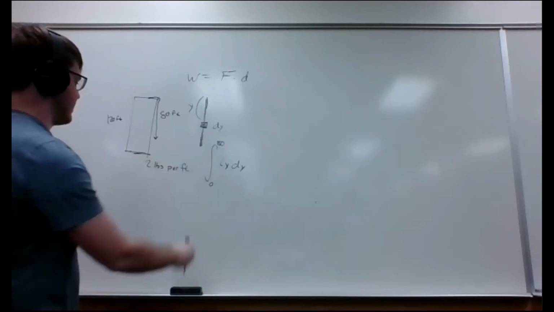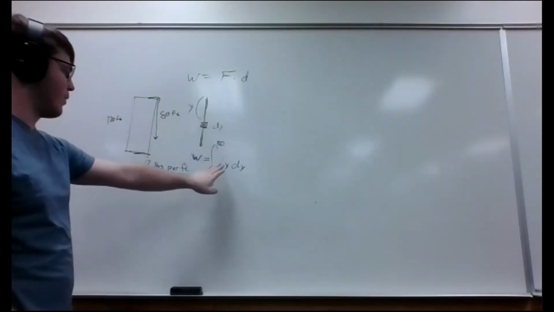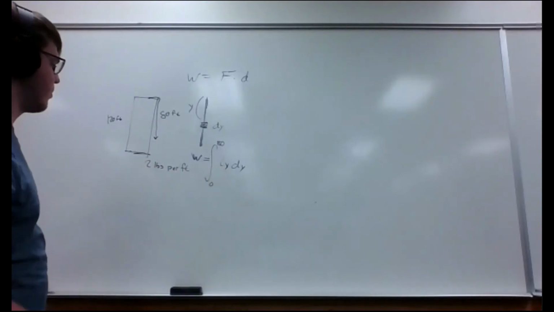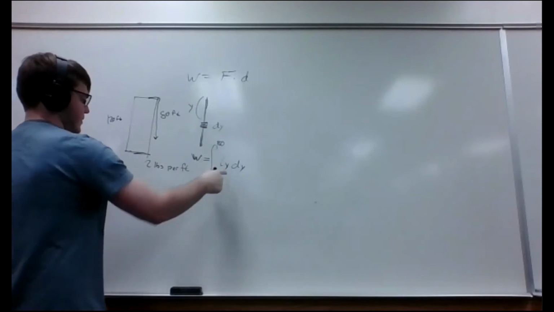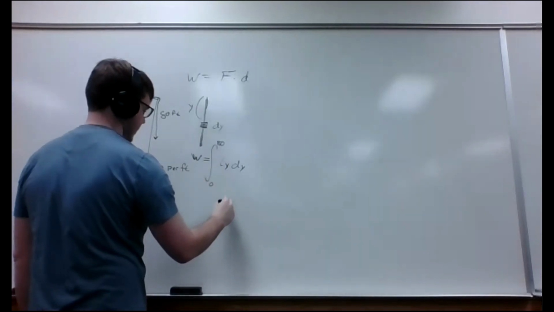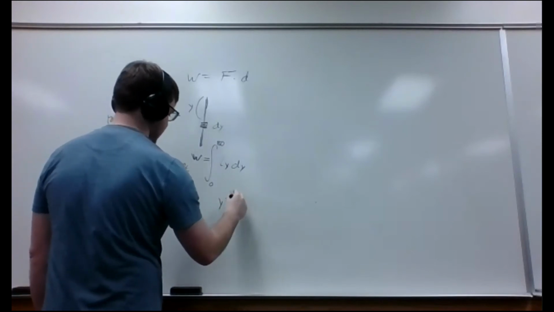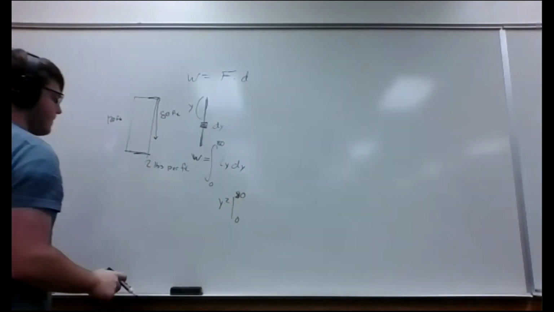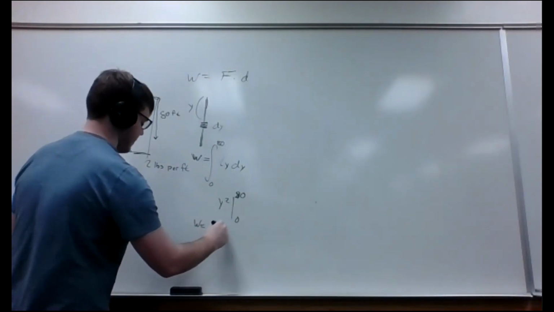And this would be equivalent to the work required to pull our rope all the way up, right? So if we take the integral, that's y squared, evaluated from 0 to 80, right? So our work would be 80 squared, whatever that is.